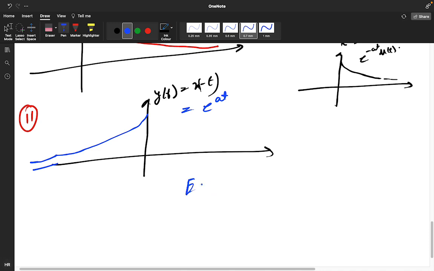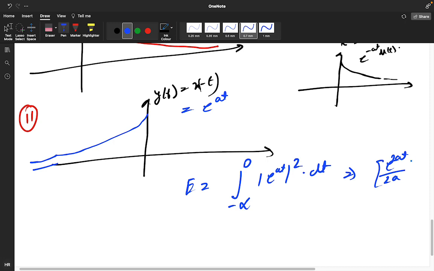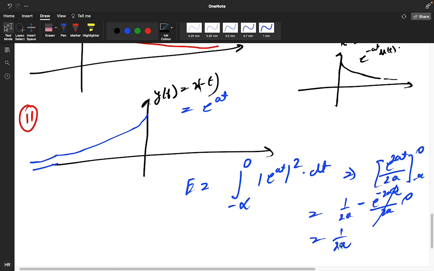So now if you find the energy from minus infinity to 0, you get e power at, the whole square, into dt. So what will the result be? e power 2at divided by 2a, from minus infinity to 0. Put 0, and you will get 1 by 2a minus e power minus 2a infinity by 2a. This will come to 0. So you will again get 1 by 2a only.